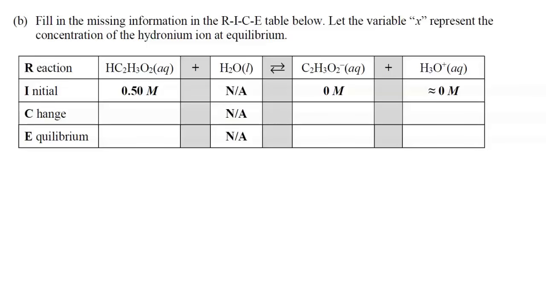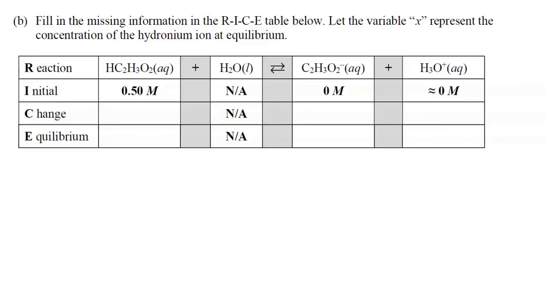Initially, we have a concentration of acetic acid, which is 0.50 molar, because we were given that value in this problem. We don't need to worry about the concentration of water. That's not something to consider at all, which is why I've written N/A, for not applicable, for the concentration of water. And then initially, before this reaction takes place between acetic acid and water, the initial concentration of the acetate ion is 0.